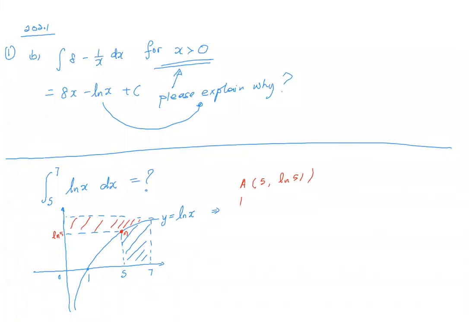For B, x is 7, y is ln 7, correct? So if I want to find the red area, I have to integrate from ln 5 to ln 7 dy, correct?